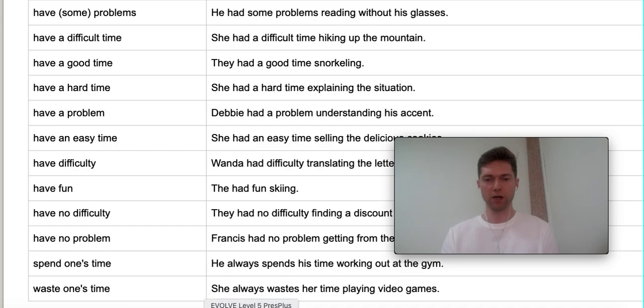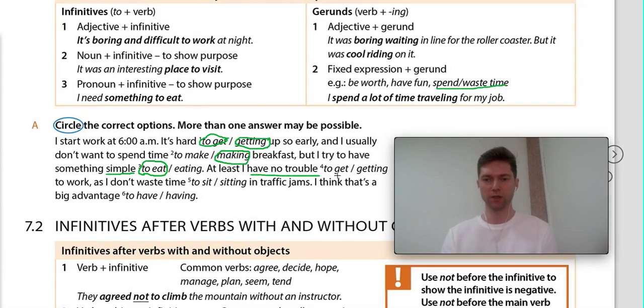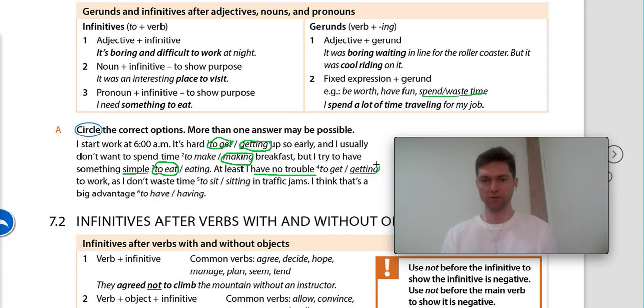Okay, so it's a fixed expression, so we know that we have to use gerund after fixed expressions. I have no trouble getting to work. Number 5, I don't waste time. Waste time is another fixed expression, so we use gerund. Waste time sitting in traffic jams. I think that's a big advantage to have or having. Advantage is a noun, okay? And we know that after nouns, we use infinitives, okay?